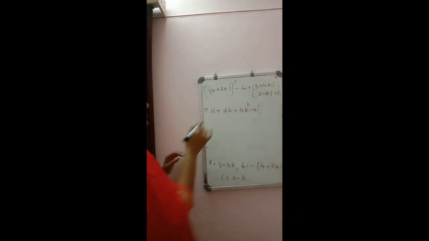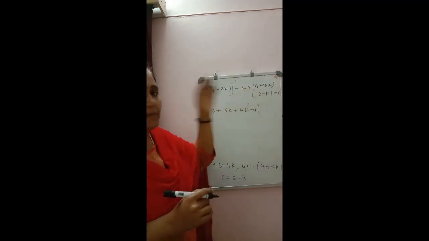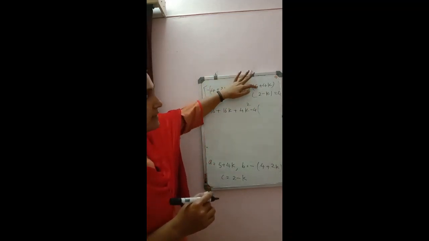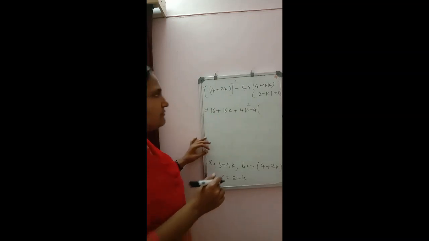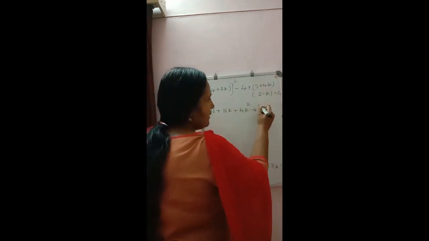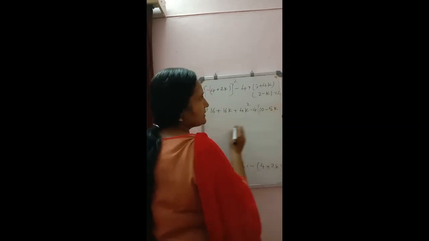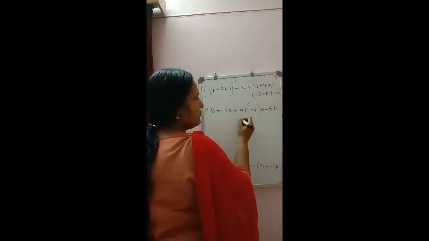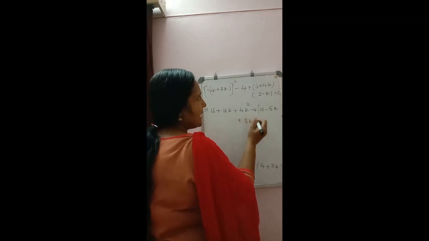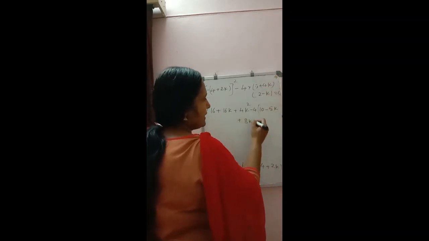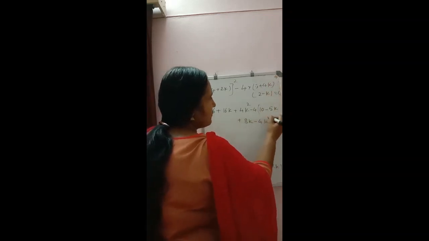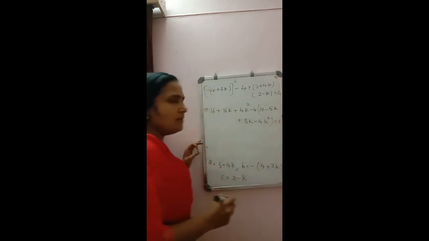Now since we have two terms here, instead of multiplying minus 4 first, it will be easy that we can multiply these two expressions first. So it will be equal to 5 2s are 10, 5 into minus k will be equal to minus 5k, 4k into 2 will be equal to plus 8k, 4k into minus k will be equal to minus 4k square is equal to 0. Now we can simplify it.